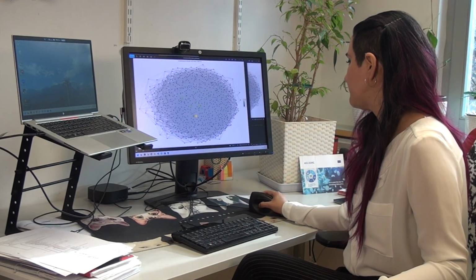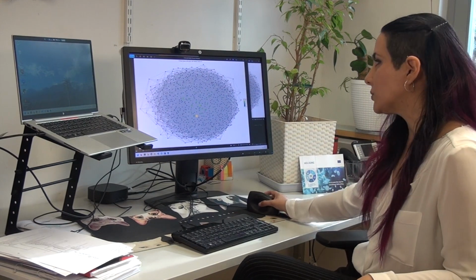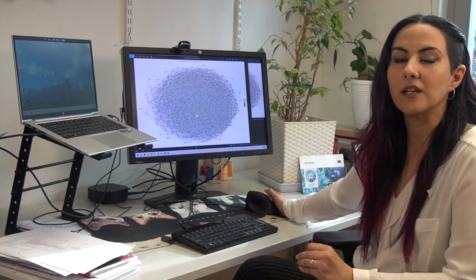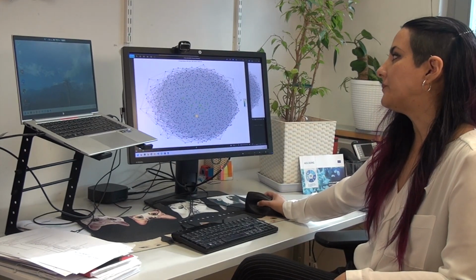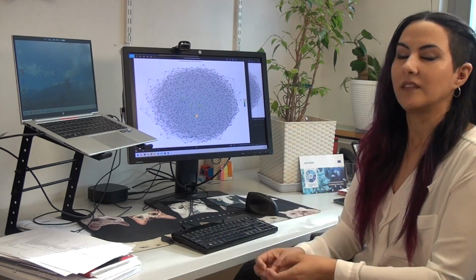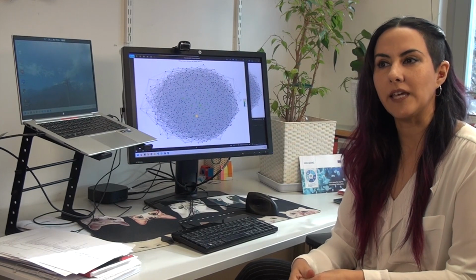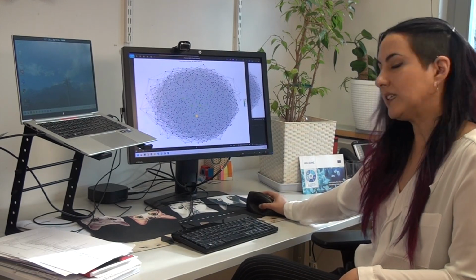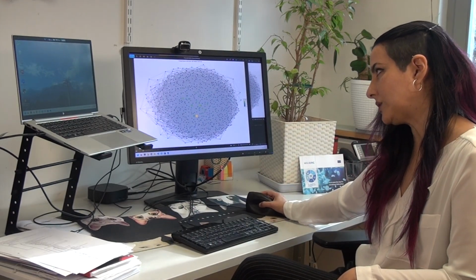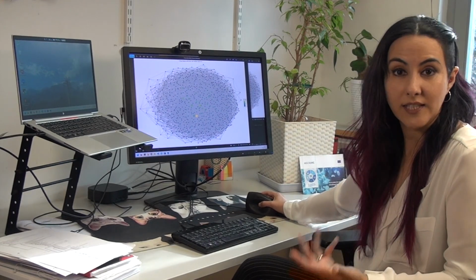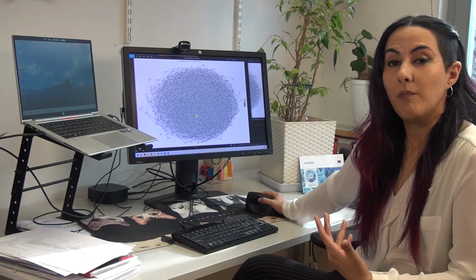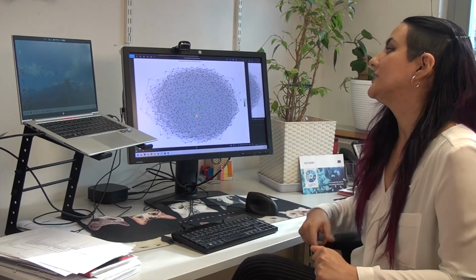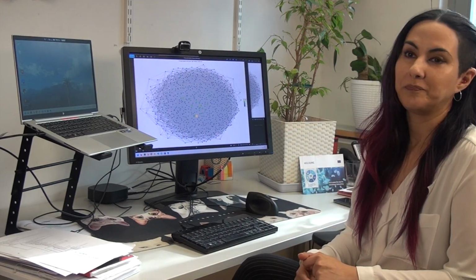For example, here I have a network that represents the influence of each of the components of the microbial community, and then the colors represent the weight of the influence that this taxon has in the community. So here we have a good candidate for a keystone taxon. This yellow circle here is a taxon, an ASV, very likely a bacterium that is influencing a lot the structure of the microbial community.